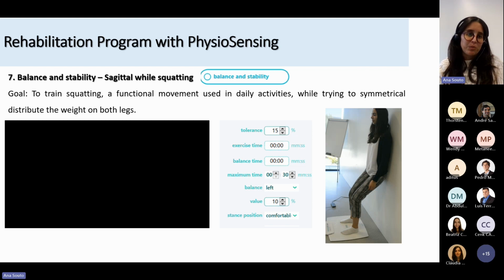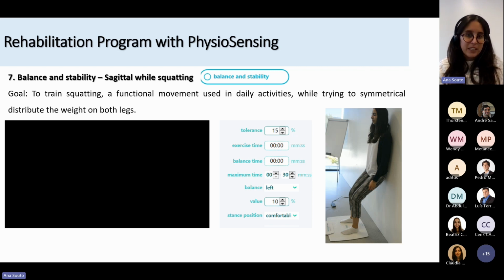Now we use the same exercise as the first exercise that I showed, the sagittal in the balance and stability category.